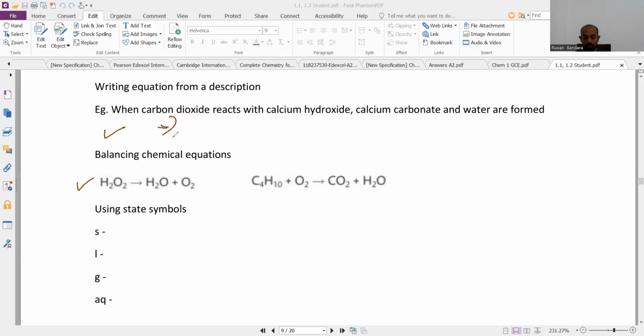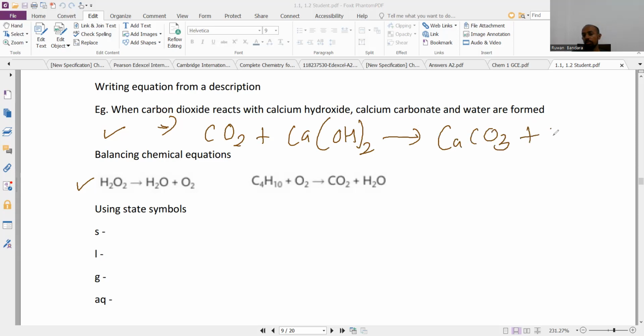So, carbon dioxide plus calcium hydroxide. Should I say the full form or should I just say calcium carbonate? Balancing, please.